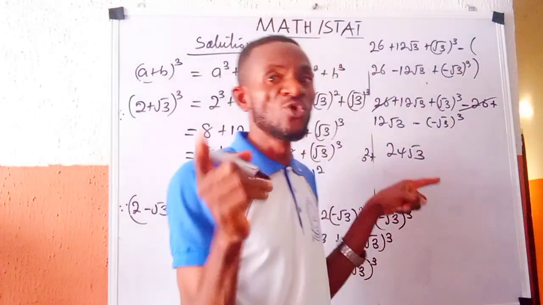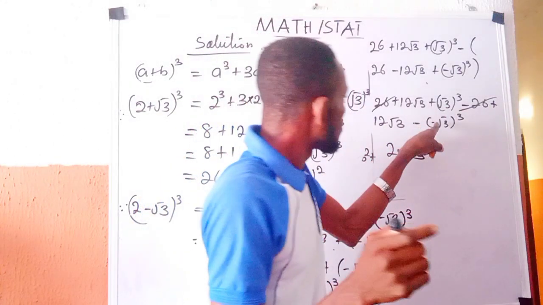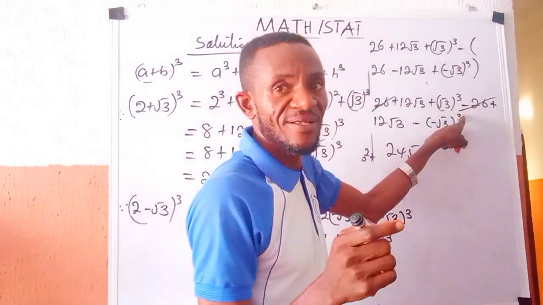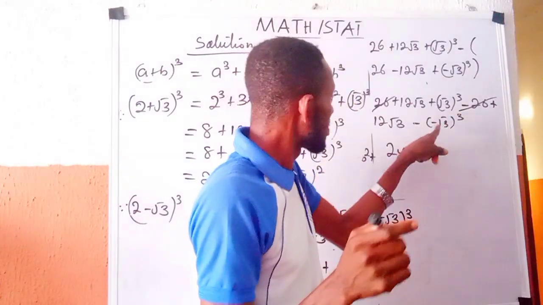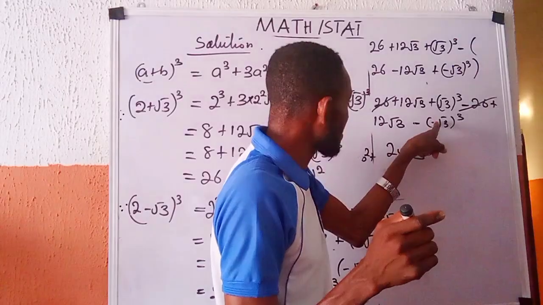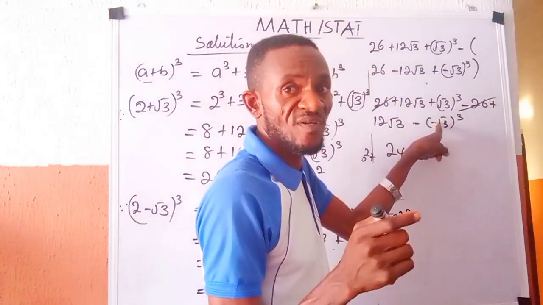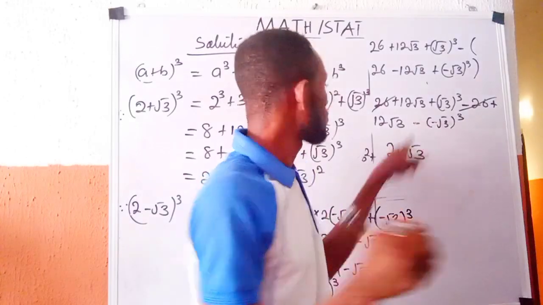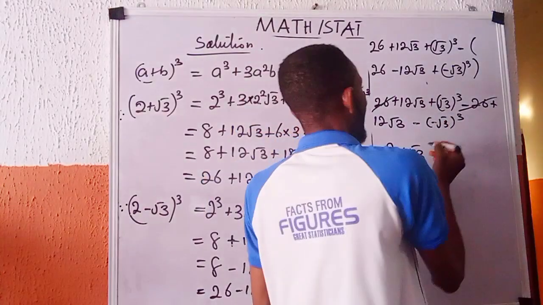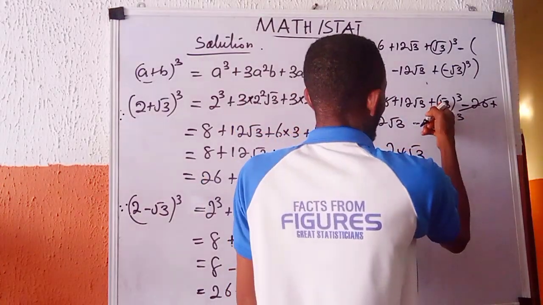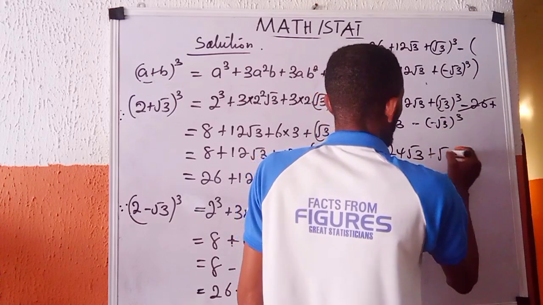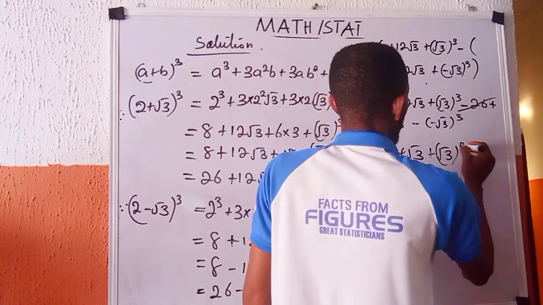And the next thing you need to note is this. When you say minus root 3 raised to power 3, this thing will still remain minus. When it comes outside here now, it turns to positive. So what you still have here is plus root 3 all raised to power 3.